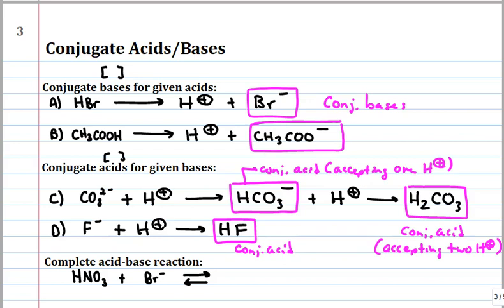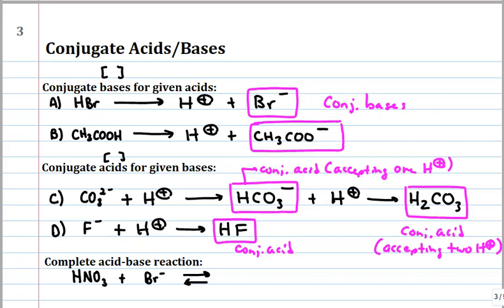And typically this is the way we write this: hydrogen goes first and fluorine is second. So I can give you a series of acids and bases and ask you to draw the conjugate pairs, right? Or predict the conjugate form once something acts as a base or something acts as an acid.